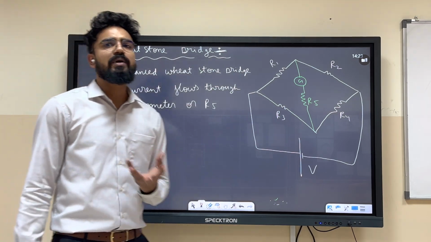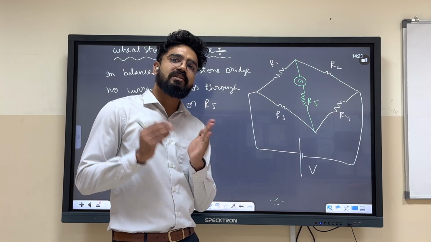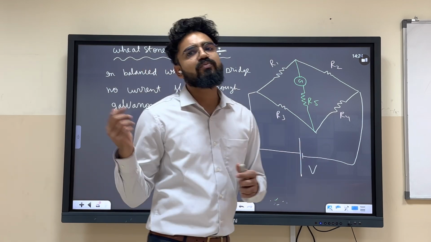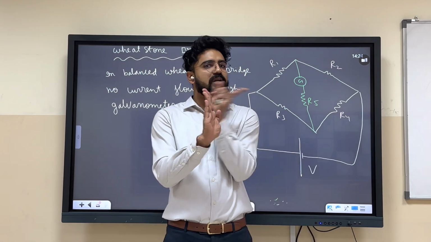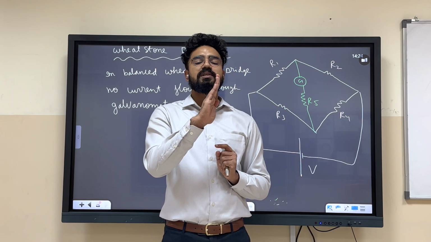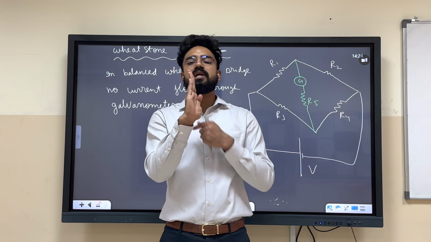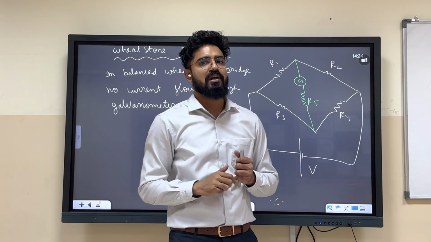A galvanometer is a device where, when current flows through it, the pointer tilts towards the direction of the current. You would have seen this in the lab. If current flows in this direction, the pointer will deflect in this direction; if current flows in the other direction, the pointer will deflect the other way. I hope you are getting it.